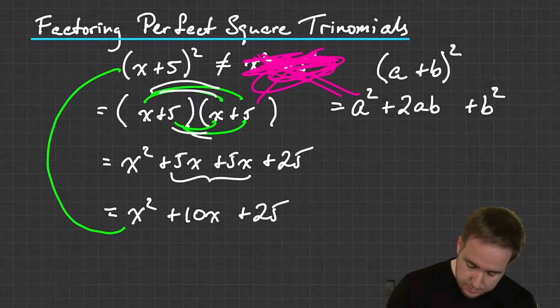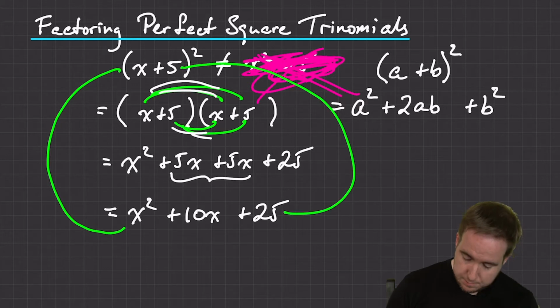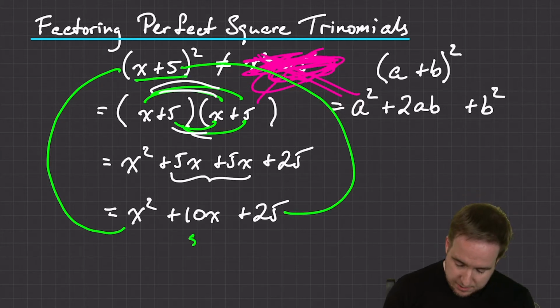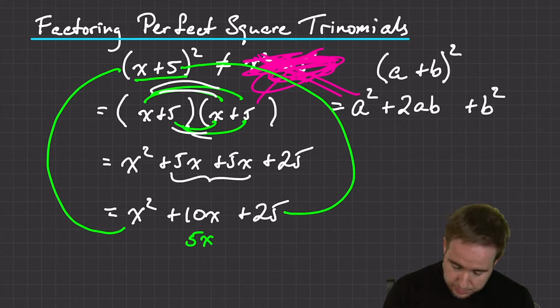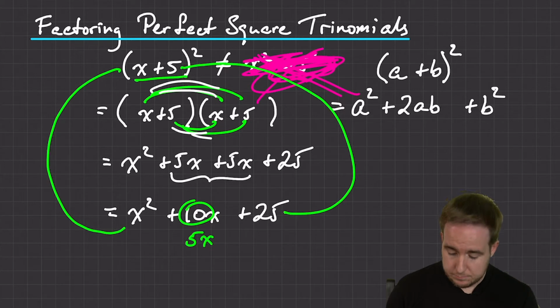X becomes x squared. 5 becomes 25. Multiply them together, that's 5x. 5x times 2, yes, that's 10x. So that strategy works.